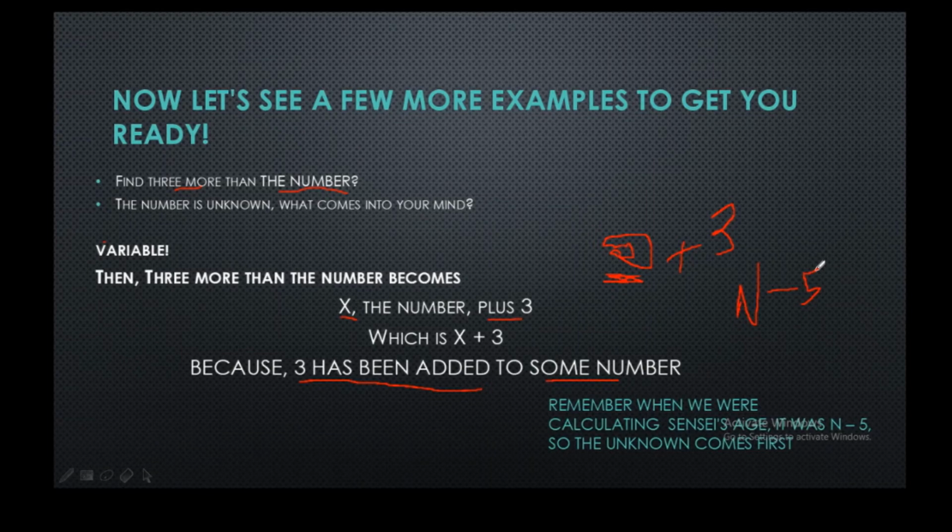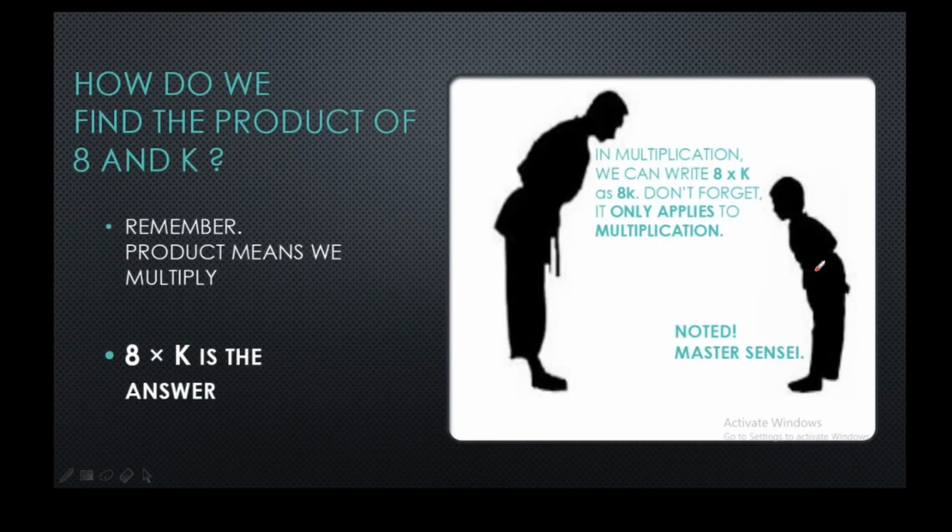Okay, next slide. So how do we find the product of 8 and k? Remember, product means we multiply. 8 times k becomes the answer because it said find the product of 8 and k. So in multiplication, we can rewrite 8 times k as 8k. So this is what Sensei is telling you only in multiplication.